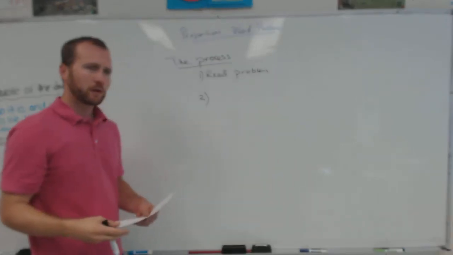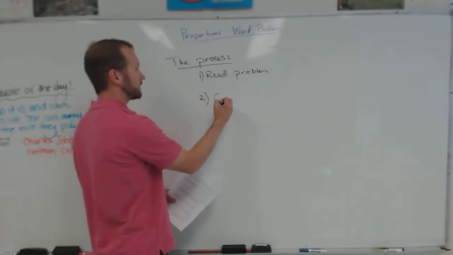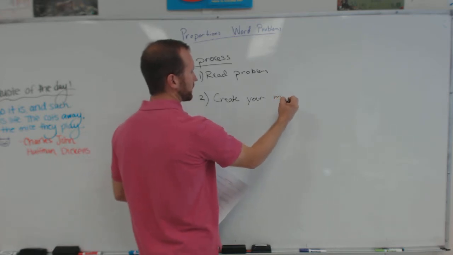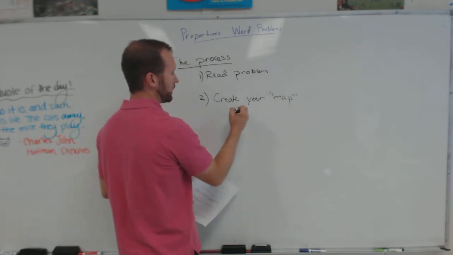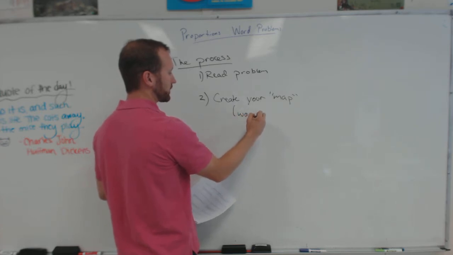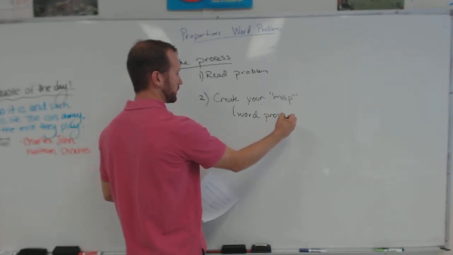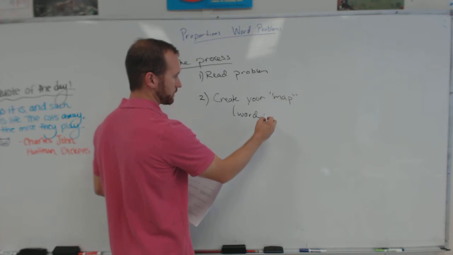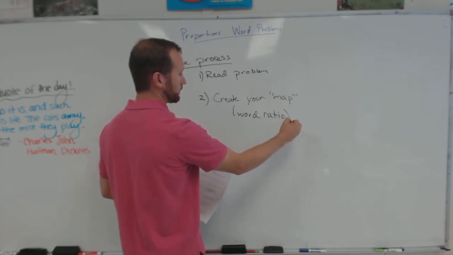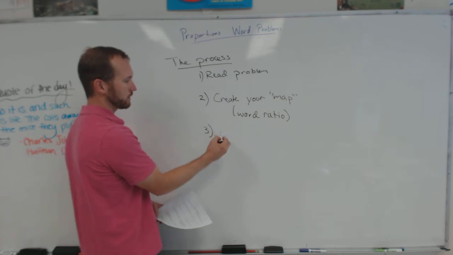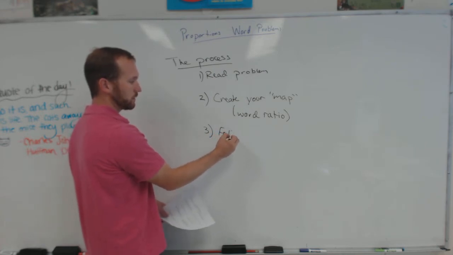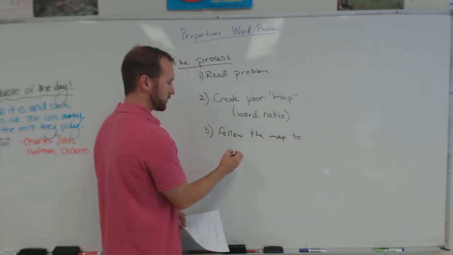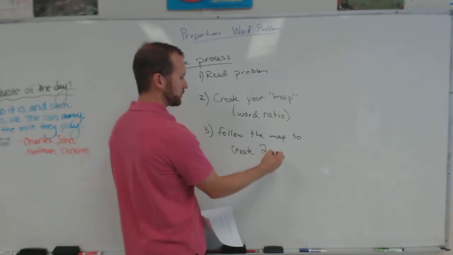Step 2, first thing you want to do is create your map, as Gary called it, right? Which is your word proportion, or word ratio. Then follow the map to create 2 ratios.